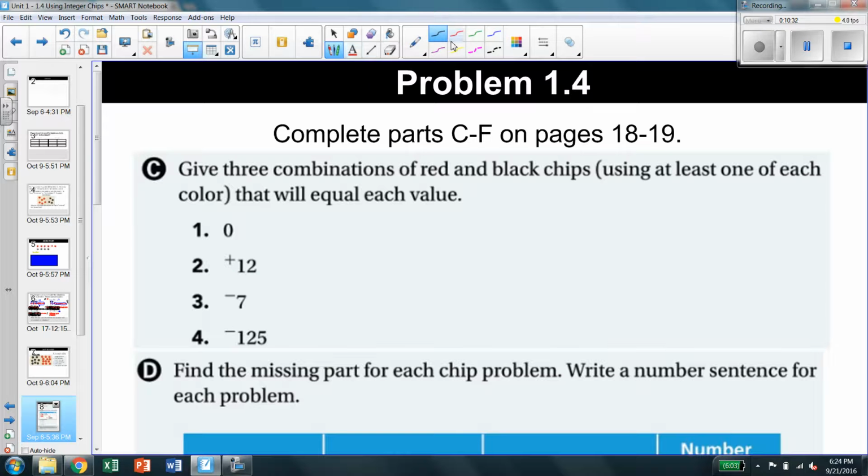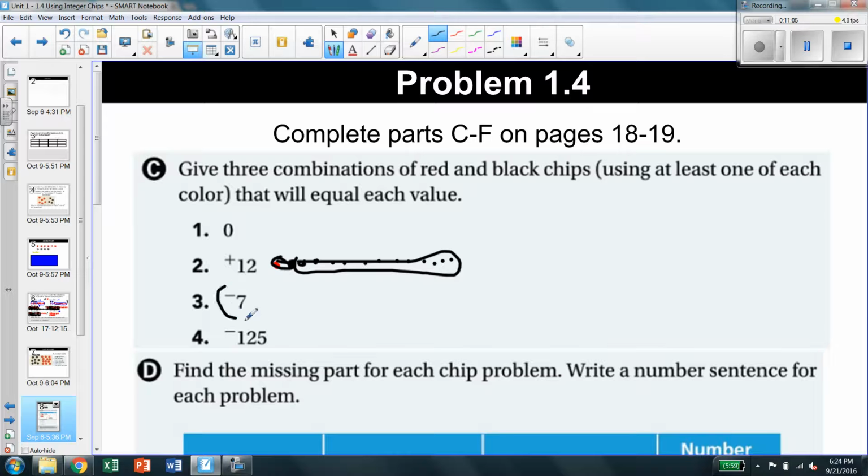So we could say, just as a very basic problem, 1 red chip and 12 more than that would be 13 black chips. 1, 2, 3, 4, 5, 6, 7, 8, 9, 10, 11, 12, 13. These two would cancel each other out, and we'd have positive 12. Okay?